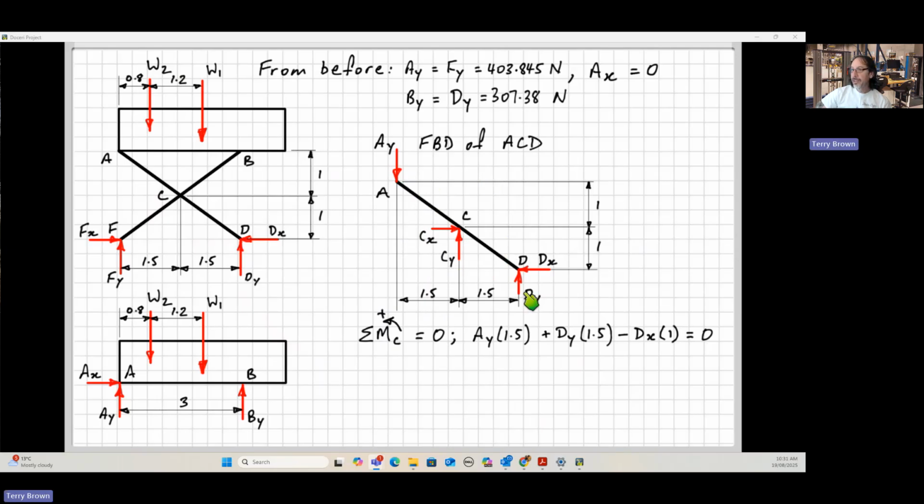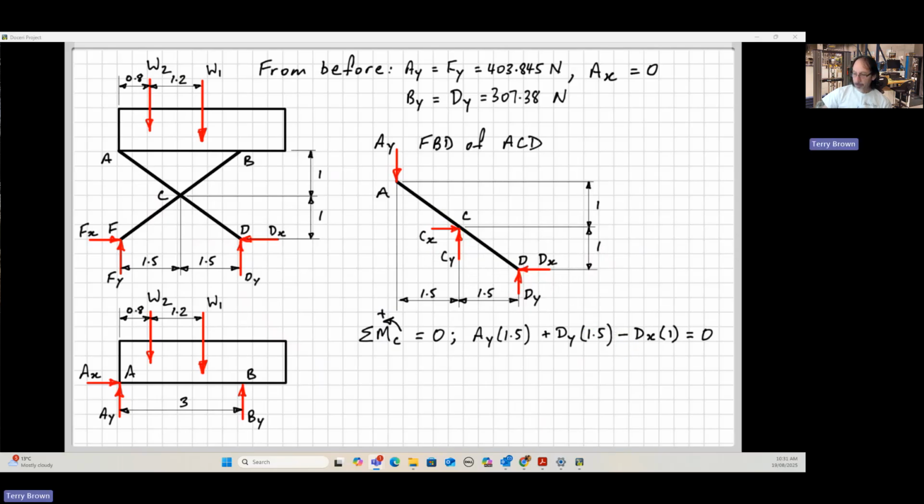And then we have down here dy, perpendicular distance from its line of action to C is 1.5, and again tending to rotate anti-clockwise about point C, so positive. And then we have dx, its perpendicular distance to C is 1, and it's tending to cause a clockwise rotation about point C, so it's negative.